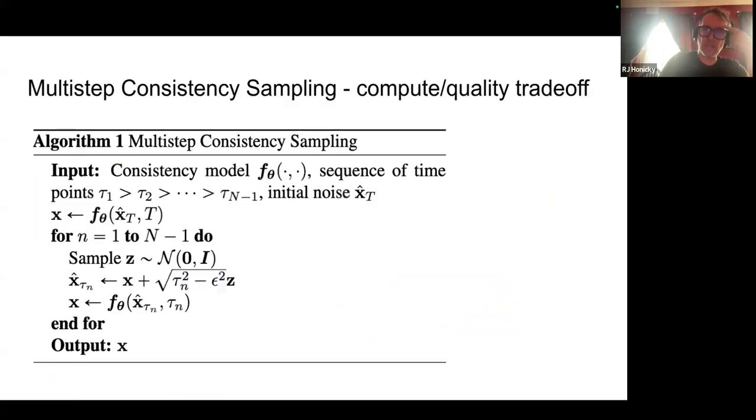And this is why it's useful to be able to map from any point in the trajectory. Most of the time it's two steps, but if I want to refine my image by throwing more compute at the problem, I can divide my space up into time steps, and then I can sample noise.